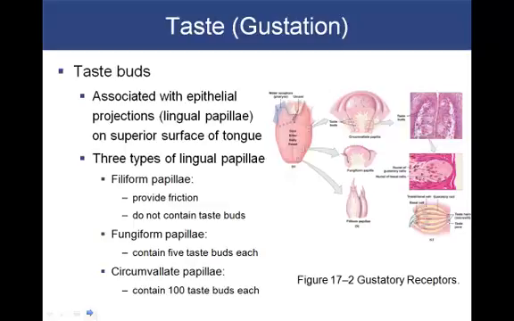Of the lingual papillae, there are three types. The first is the filiform papillae. Filiform papillae do not contain taste buds. They do nothing for taste. Instead, they provide surface area for friction. We've all felt a cat's tongue, how rough a cat's tongue is.